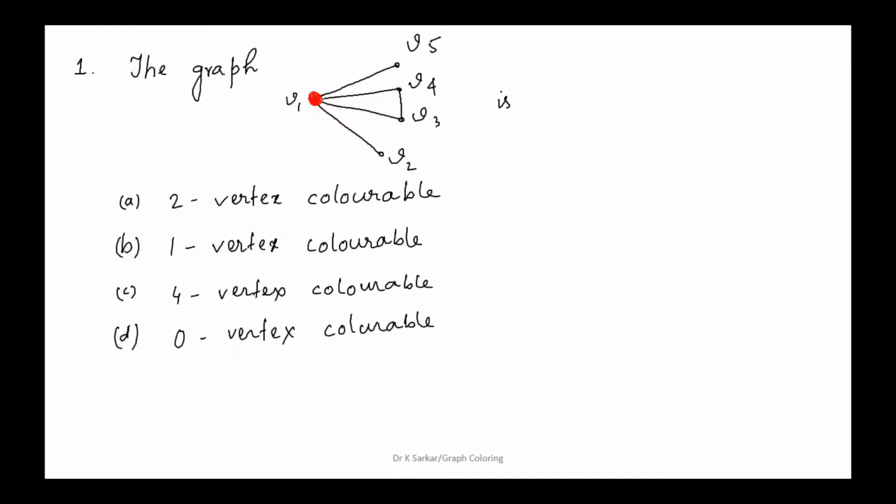According to the definition of graph coloring, V2, V3, V4, V5 should not receive the same color as V1, that is red. So let us color V2 with yellow.